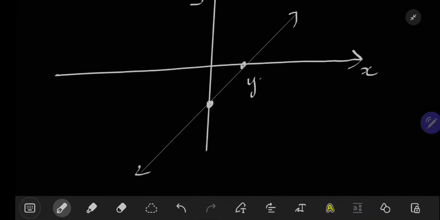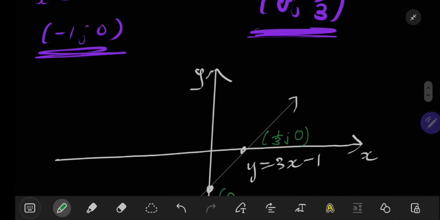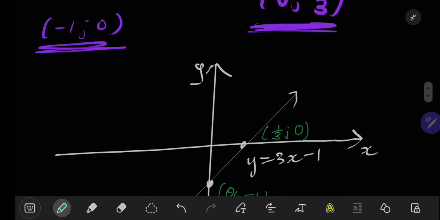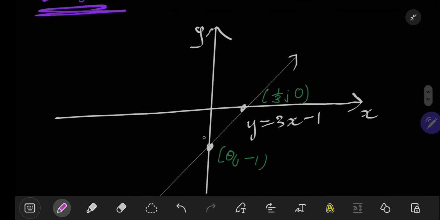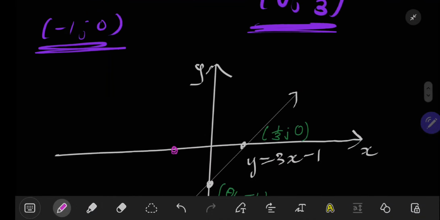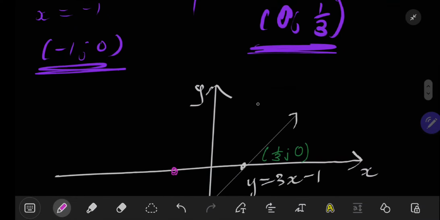So this is our graph y is equal to 3x minus 1. This point here was (0, -1), and this was (1/3, 0). And then for the inverse function, our coordinates are the other way around. So we have x as negative 1, which is a point on the negative axis, a point here, and then we have this point (0, 1/3), which is a point here.